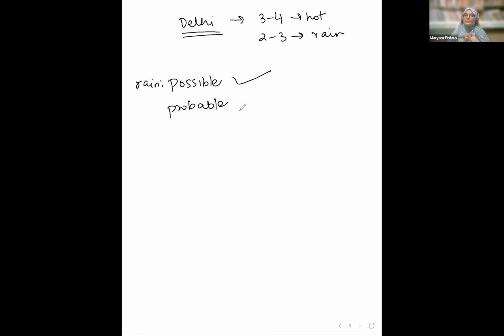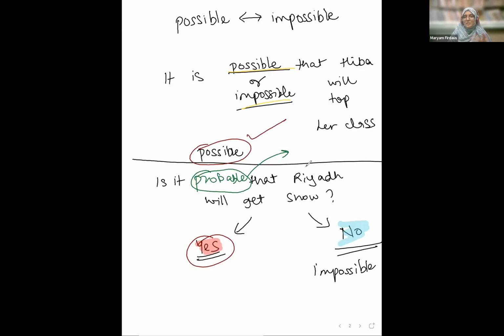Is it likely? Is there a good chance that it will happen? It depends on the weather. But we know that it is possible, just like it was possible for Riyadh to get snow. It was possible, but was it probable? No, right?